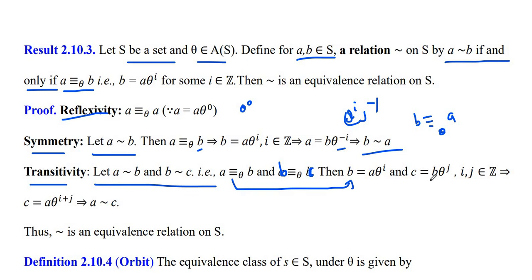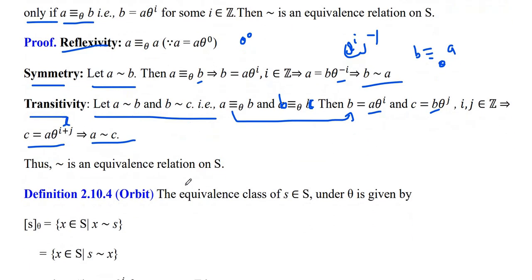So from here you replace your B by the image of A under theta power i. So that gives us this. i and j are integers, so i plus j is some integer. Take it as say some l. So your C is now the image of A under theta power l, and therefore your A is related to C. That proves the transitivity.